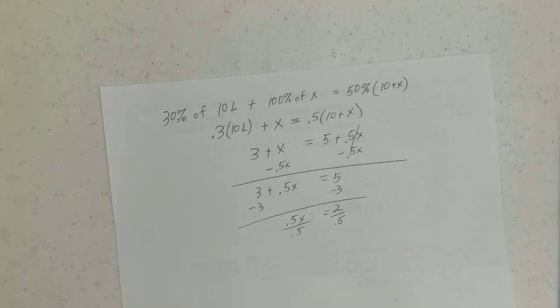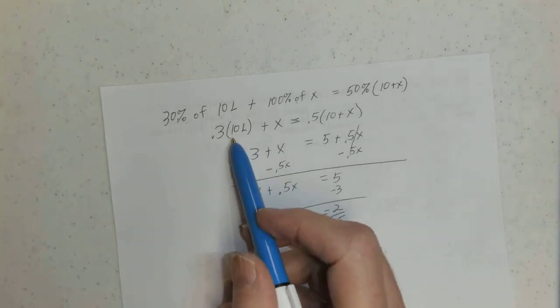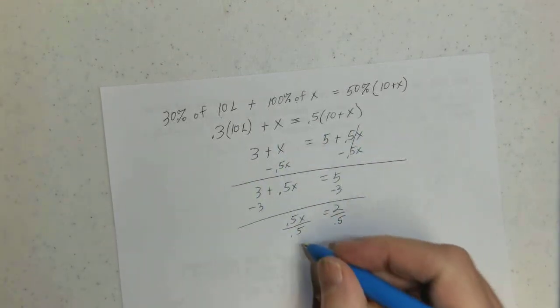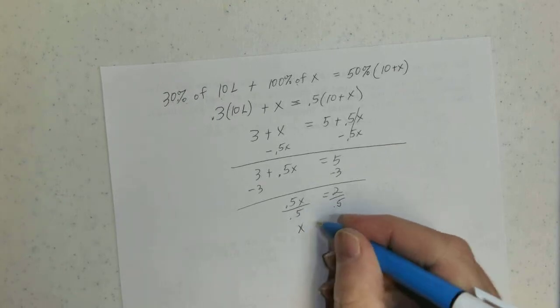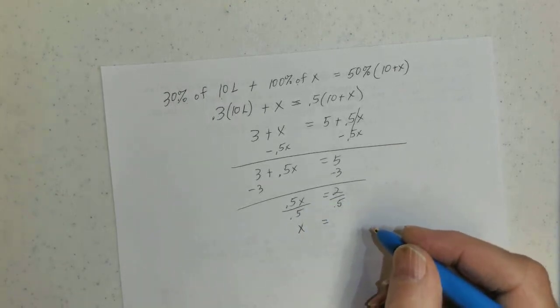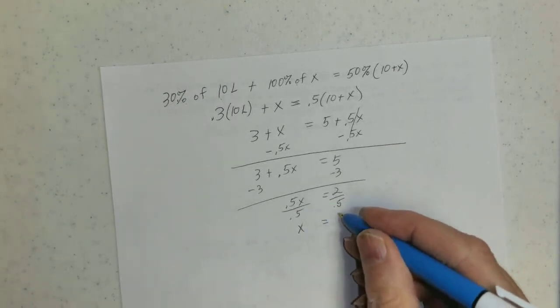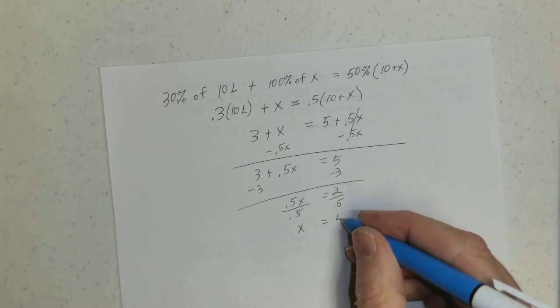Okay, let's look at where we are. We're in the middle of solving this. And if you take 2 divided by 0.5, that's 2 divided by a half, you're going to get 4.